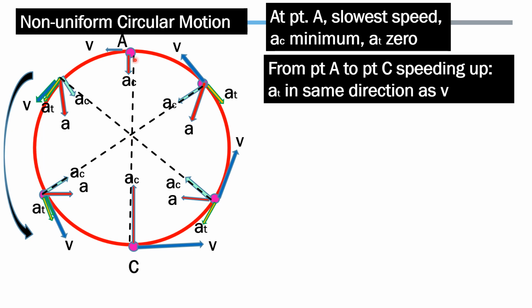For example, at point A, since the string is still tied to the ball and it's pulling the ball towards the center, it looks like the direction of the tension force from the string is downward, right? And since the weight of the body, or the pull of gravity, is also downward, we now have a combination of the two forces: the force of gravity plus the pull of the tension of the string.